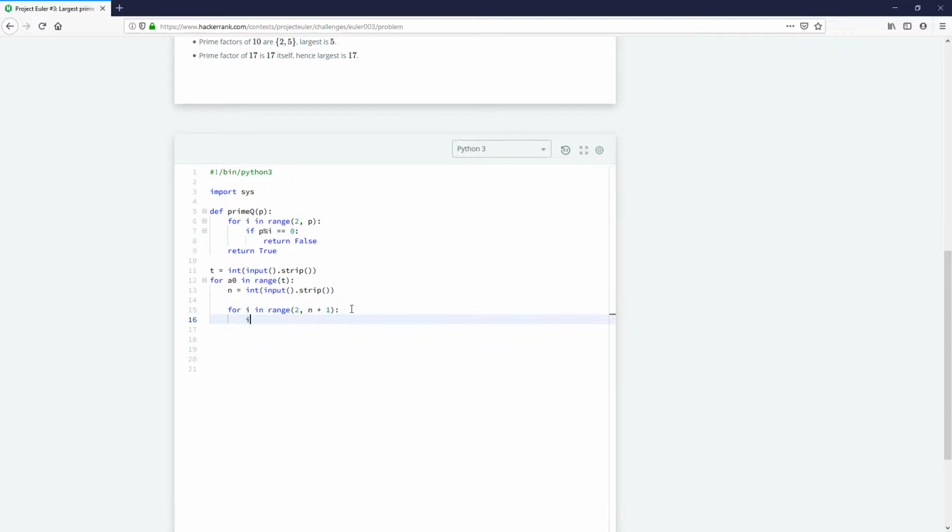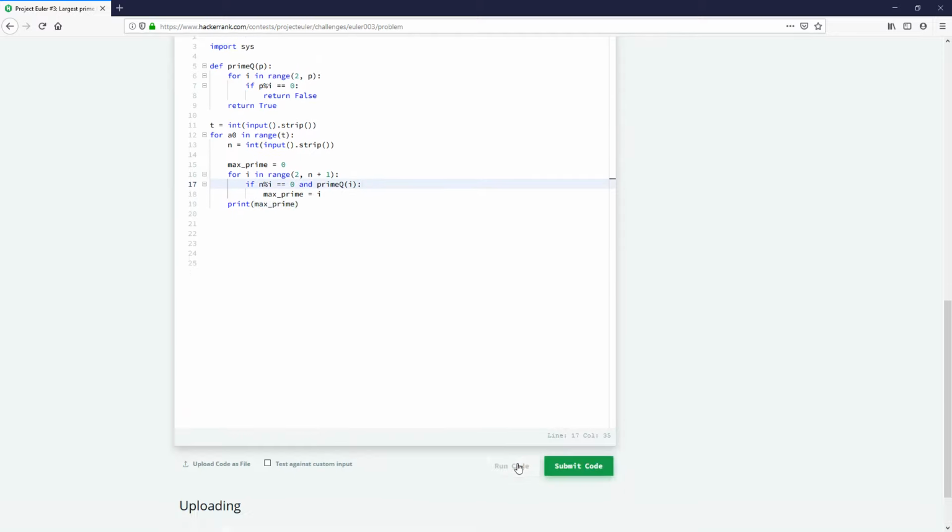If n mod i is 0, it means that i is a factor of n, and if i is prime, then what we want to do is first store a max prime, and let's just say that this equals 0, and then we'll simply set max prime equal to i. And then once we're done, we will print max prime.